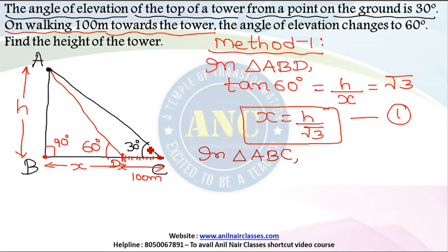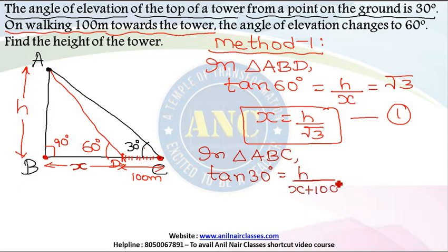For ABC, the angle is 30 degrees. So tan 30 is opposite by adjacent. Opposite is H again. Adjacent is BC. For the bigger triangle, adjacent side is BC. BC is nothing but X plus 100, right?